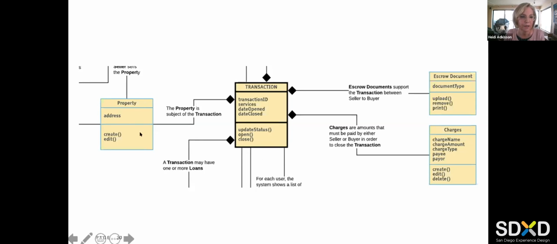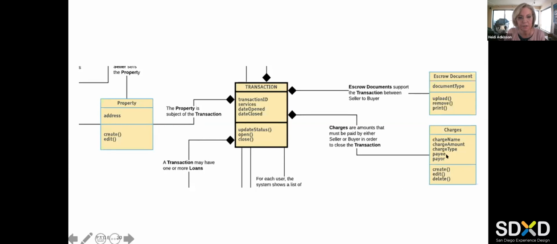So here we've got property and transaction, and we've got a statement about the relationship between those two objects. The statement is, the property is the subject of the transaction. In the loan object here, which is kind of off screen, the other major relationship is that a transaction may have one or more loans.